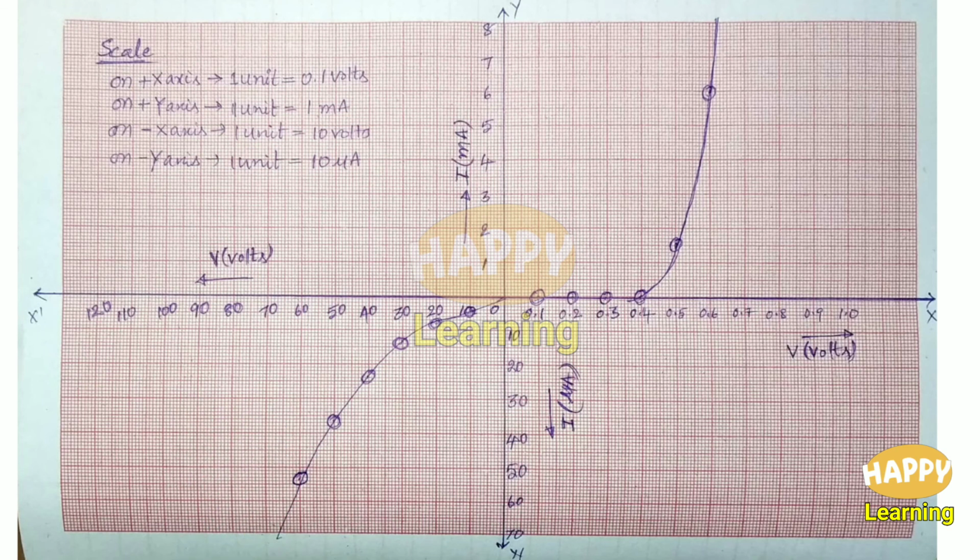That means the current first increases very slowly, and then at some point it increases drastically. That point is called the breakdown point, and the sudden increase in current is called breakdown. So this graph represents the behavior of the junction diode, the current with respect to the voltage applied. This graph is the characteristics of the PN junction diode.